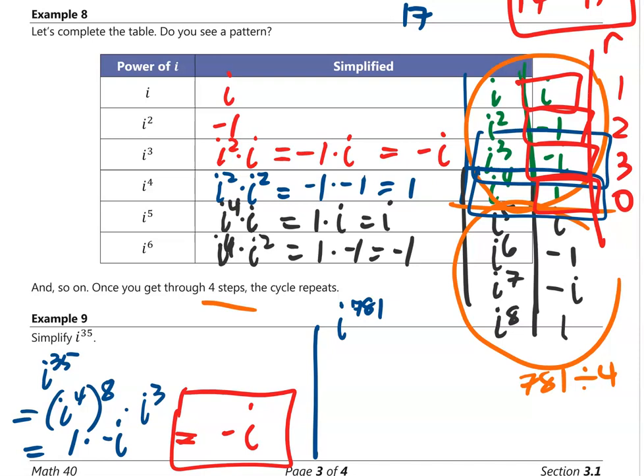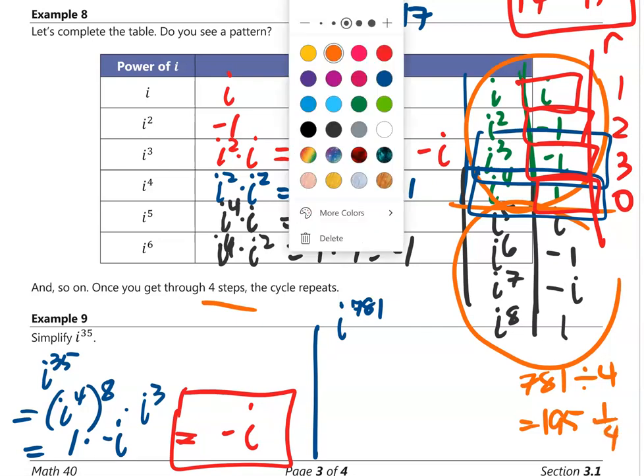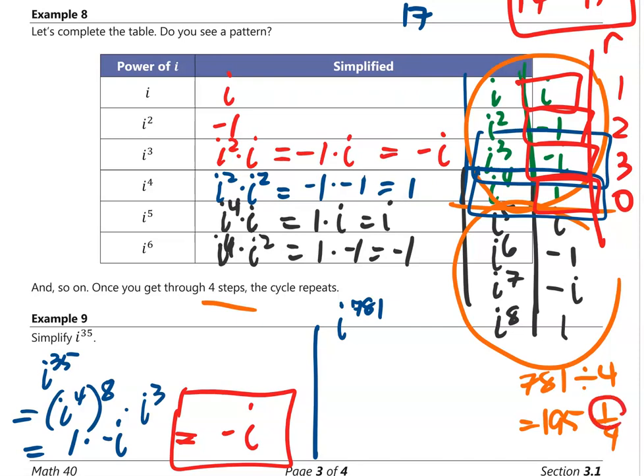When you divide this, it is 195 and 1/4. So the remainder is 1. Since the remainder is 1, this is equal to i. So i raised to 781 is equal to i.